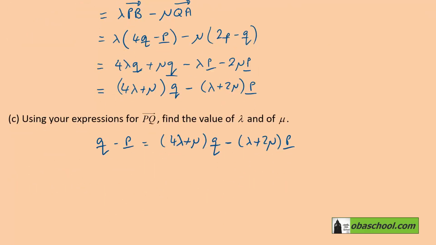And just by comparing, that gives me 4 lambda plus mu is equal to 1, and lambda plus 2 mu is equal to 1. And of course, these are simultaneous equations.